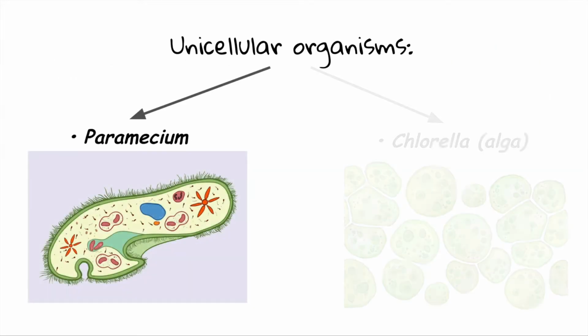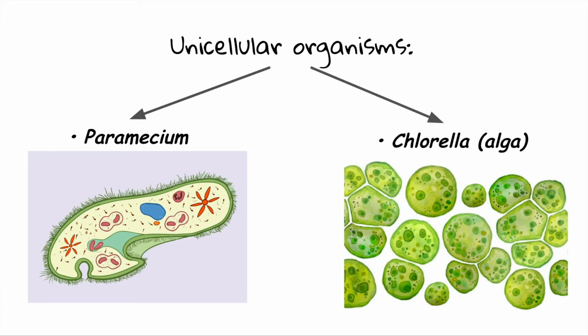So we need to know the basic structures of 2 unicellular organisms, Paramecium and Chlorella, although in the book it talks about Chlamydomonas, but they are very similar in structure anyways. And I think that before we go into detail about this, we need to remember something that I mentioned in one of the last videos, which is that in unicellular organisms, the structure is a lot more complex than the cells in multicellular organisms.